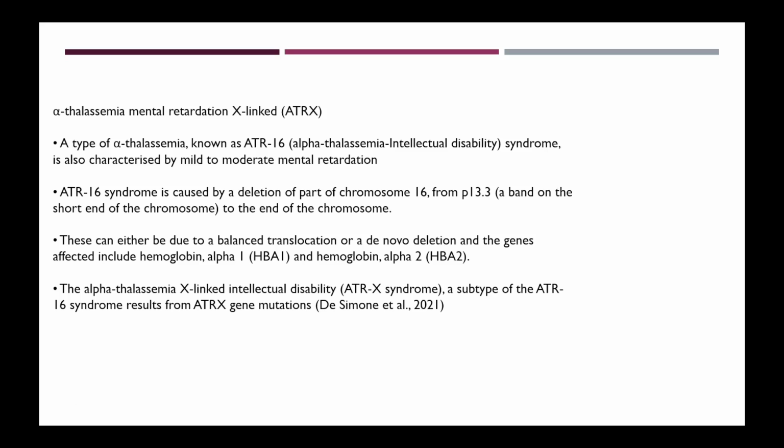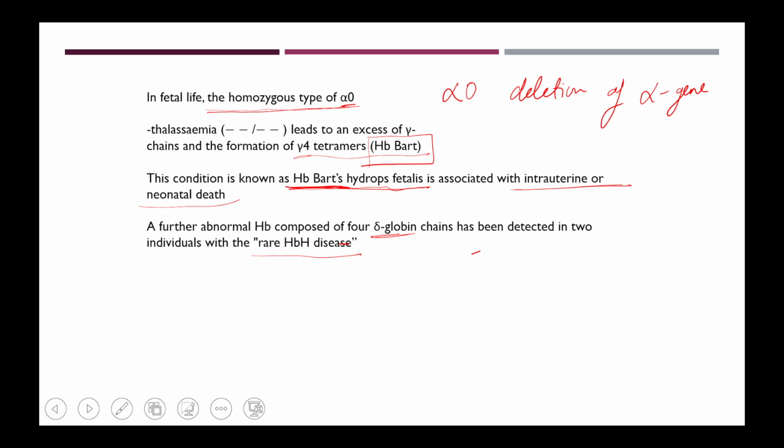And alpha thalassemia is a genetic disorder, and this comes under autosomal recessive disease.